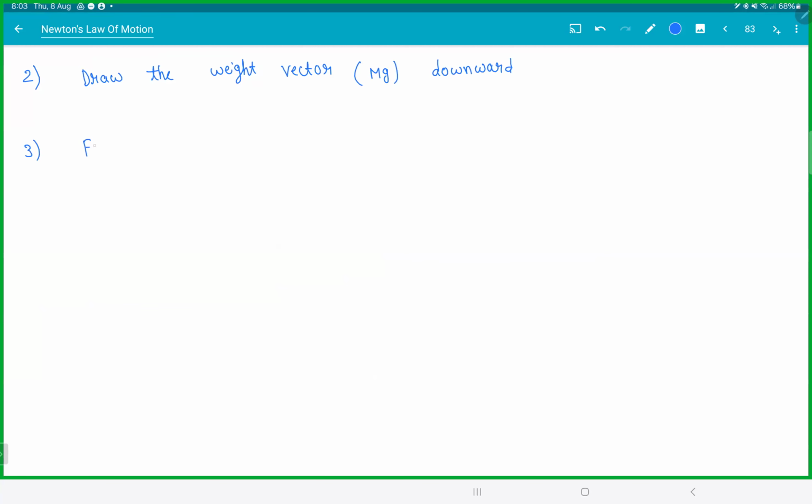Third, for every point in contact with a surface, draw a normal reaction with appropriate symbols. So if you're touching at 2 points, then you write N1, N2.